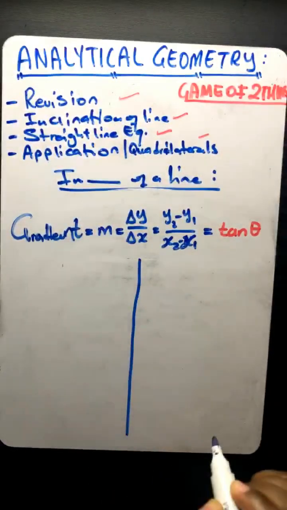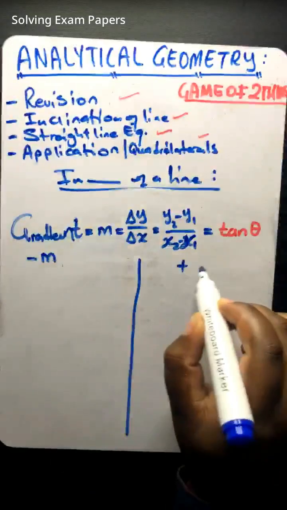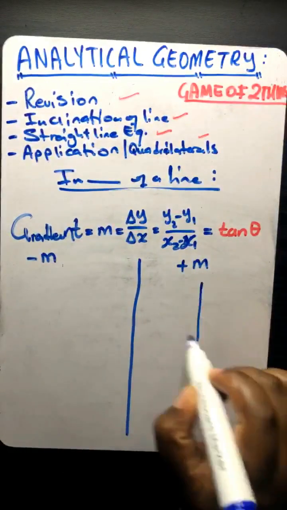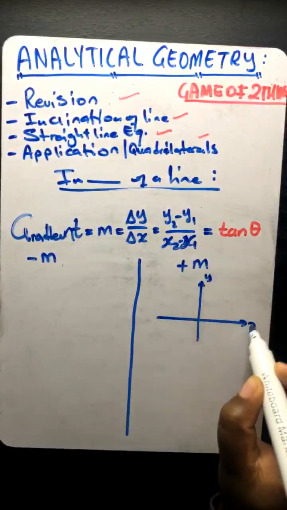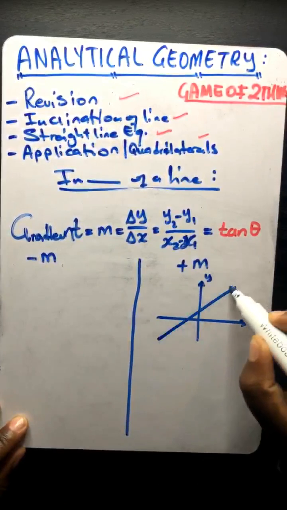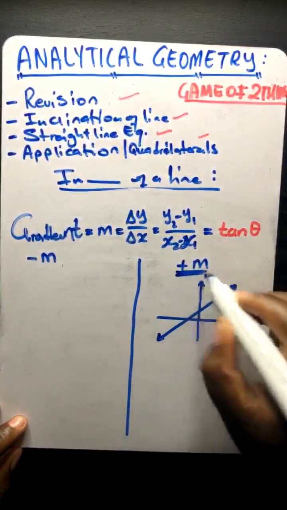The first situation where you are going to have a negative gradient, and the second situation where you are going to have a positive gradient. Remember, on a Cartesian plane, when we were doing the functions, we said all the lines ending in the first and the third quadrants will always have positive gradients.